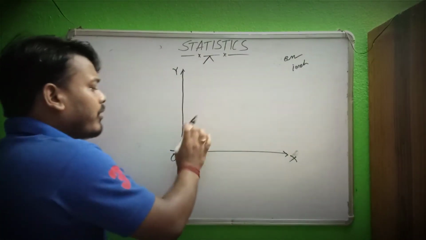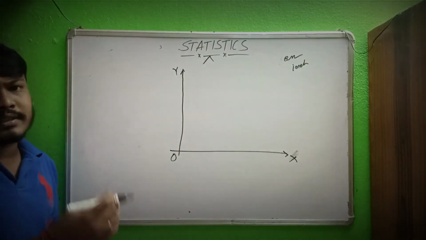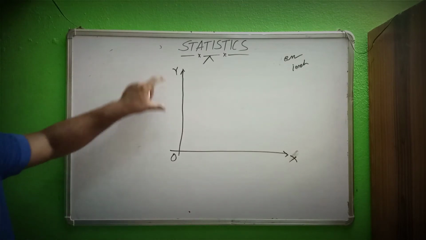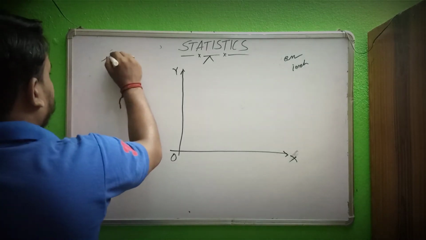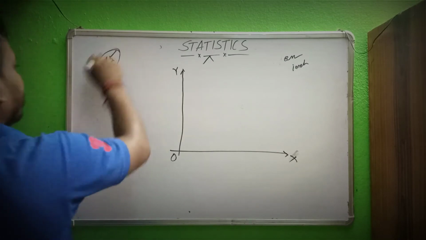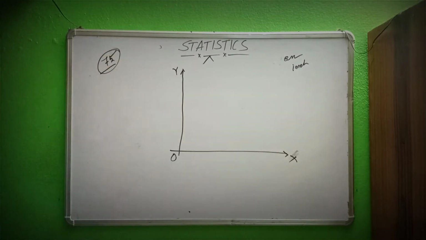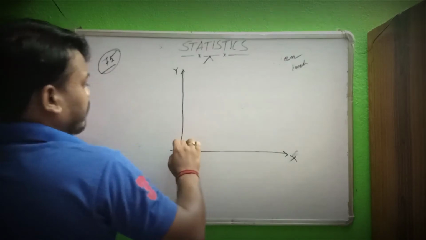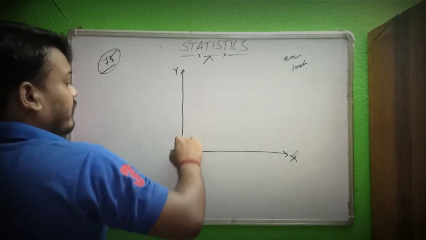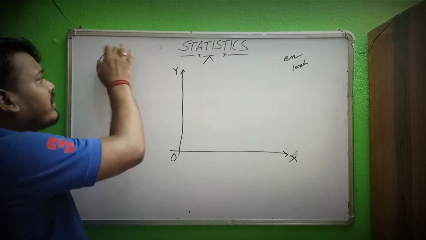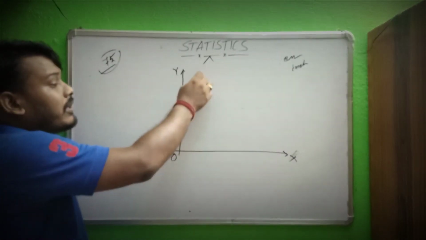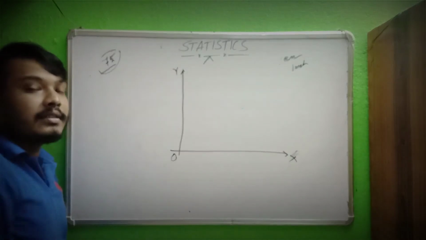Only when we take the scales, you need to take them properly. Here the highest value is 75, so we need to define the y-axis up to more than 75, so that 75 will come on the y-axis.